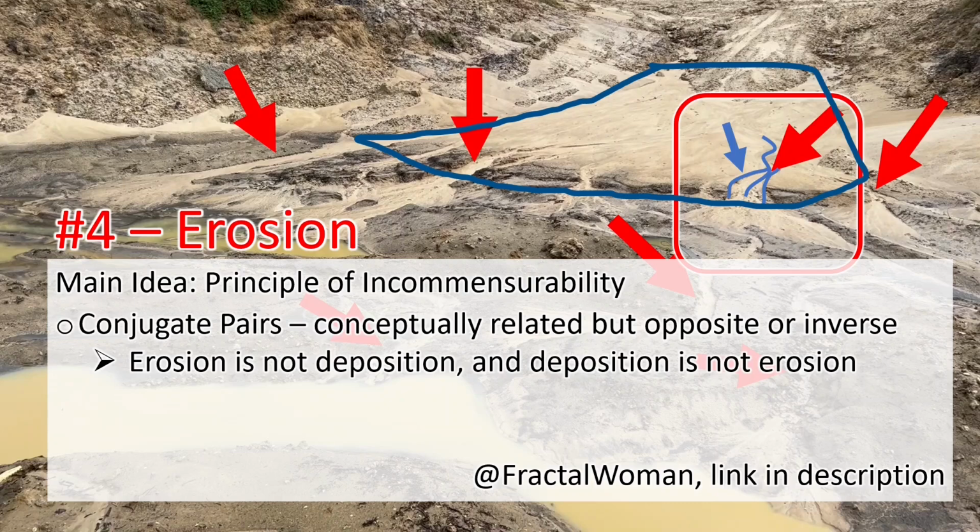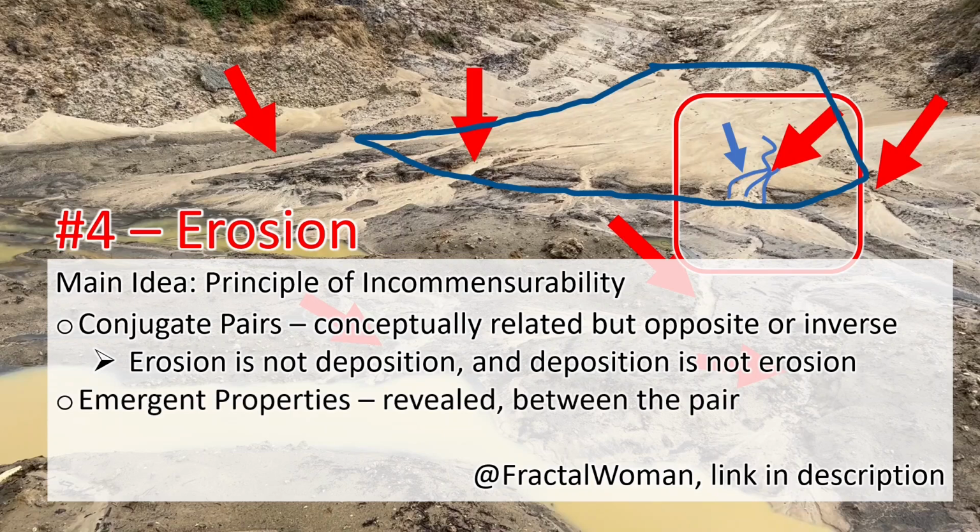But the principle of incommensurability includes more than just the conjugate pair. It also leads to the recognition and understanding of emergent properties. Emergent properties are revealed between the conjugate pair. So back to Fractal Woman's examples. The conjugate pair of darkness and light. What emerges at the interface between darkness and light? If we have only light, then the light is blinding.